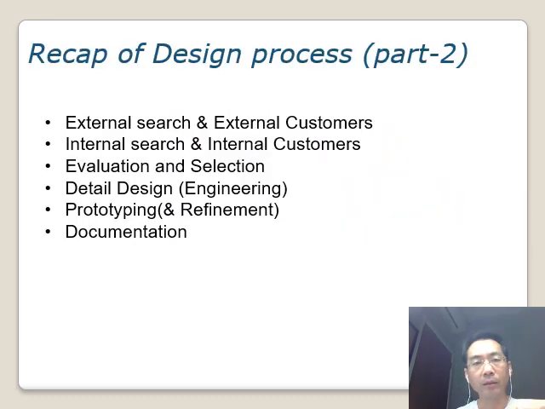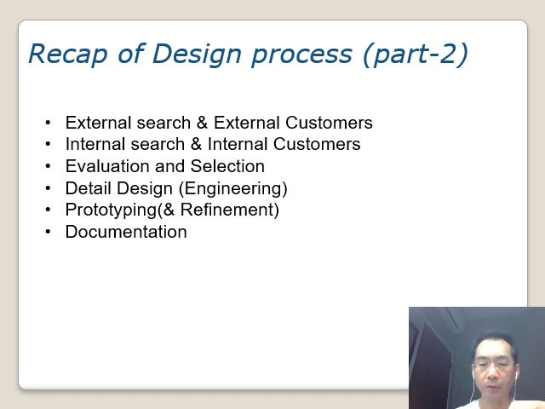Now let's have a recap of design process part 2. Today we discussed external search and external customers. From this, we are trying to find out the requirements from the customers or from external parties, followed by internal search and the internal customers.